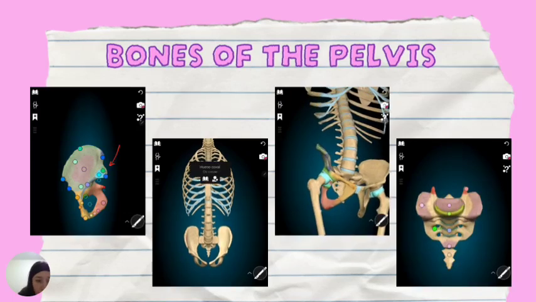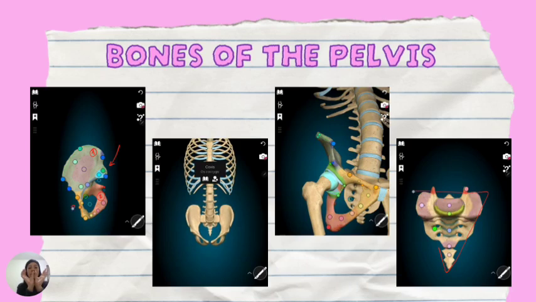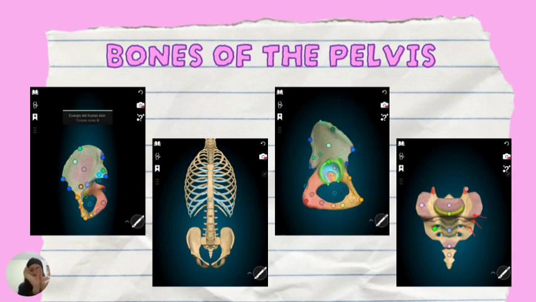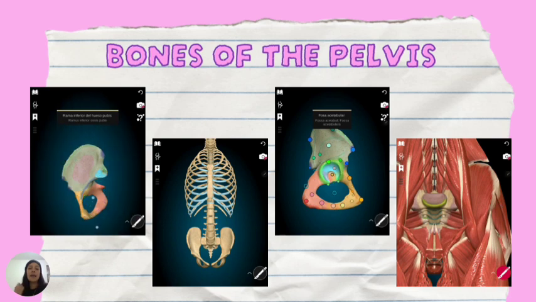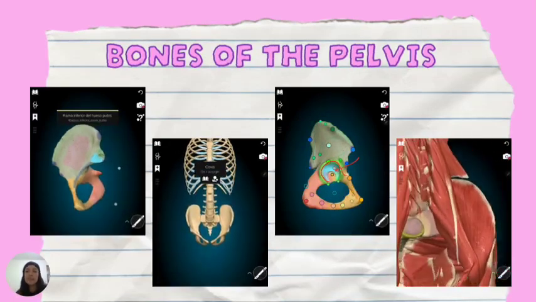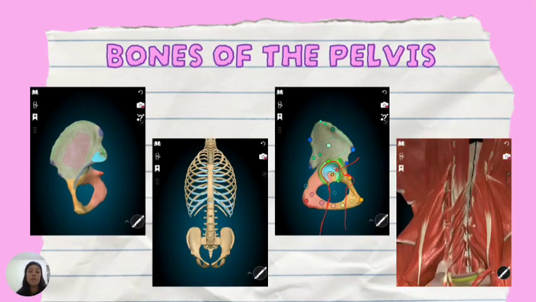The pubic symphysis is like the line between the pubic parts of the two sides, in the center of the ischium and ilium parts, like this, in a line in the center. And at their junction lies the acetabulum. The acetabulum is the deep socket that articulates with the femoral head.